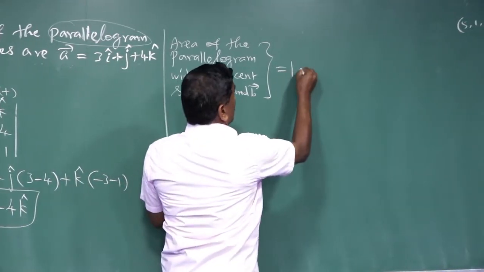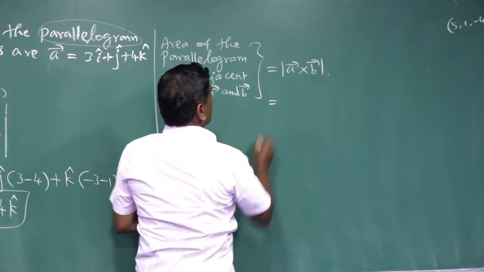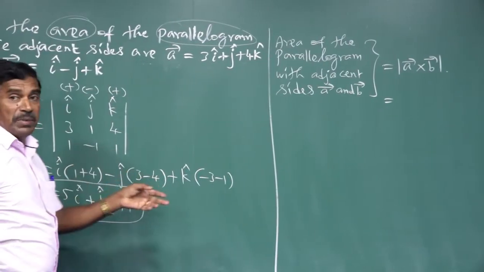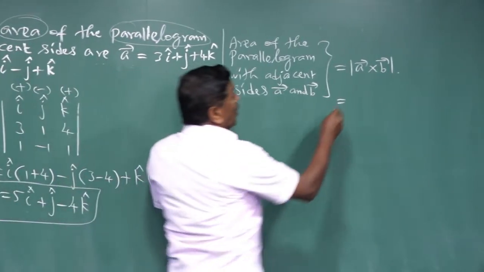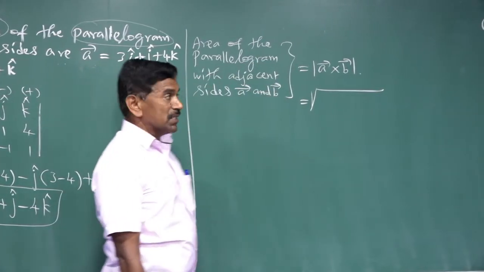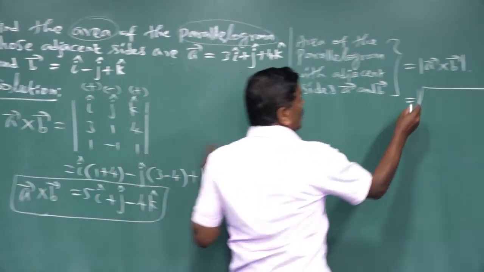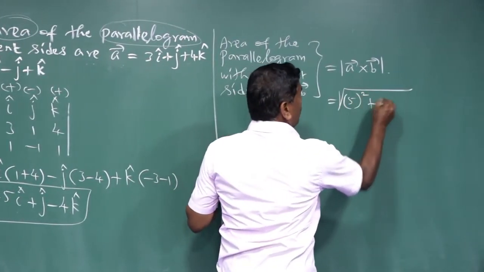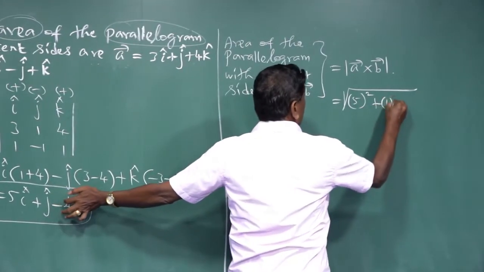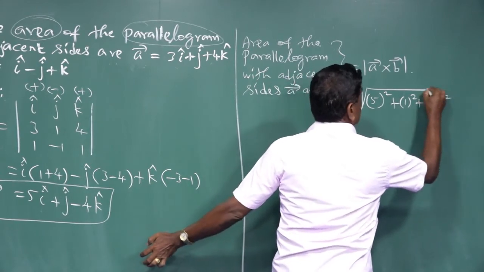Yes, modulus A vector cross B vector, which is equal to A vector cross B vector, already computed. Modulus means magnitude, so it is equal to the square root of the sum of the squares of the i, j, k coefficients. Start your answer: 5 the whole square plus 1 the whole square plus minus 4 the whole square, under the root.